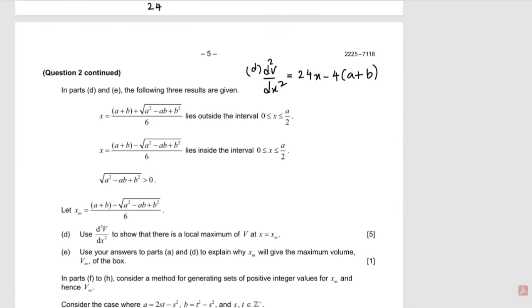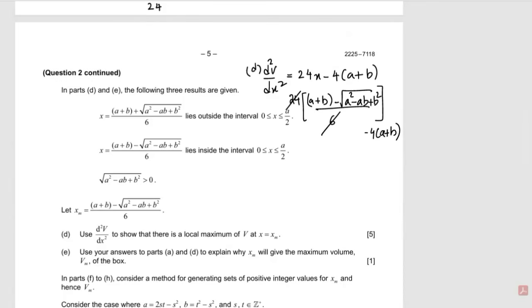So let's substitute this expression. This will be 24 times the expression (A plus B minus the root of A squared minus AB plus B squared) divided by 6, and minus 4 times (A plus B).